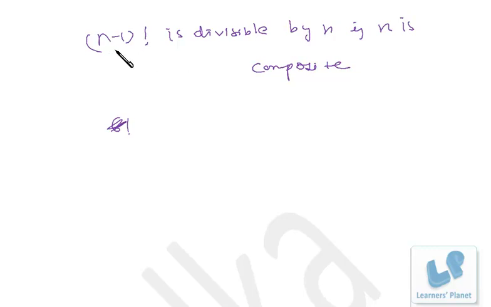Okay, n is 8, so 8 minus 1, 7 factorial is divisible by 8. Similarly, other values can also be taken. Now further, if I ask you one question: (n minus 1)! is divisible by n, and n is less than 10, then how many values can n take, right?